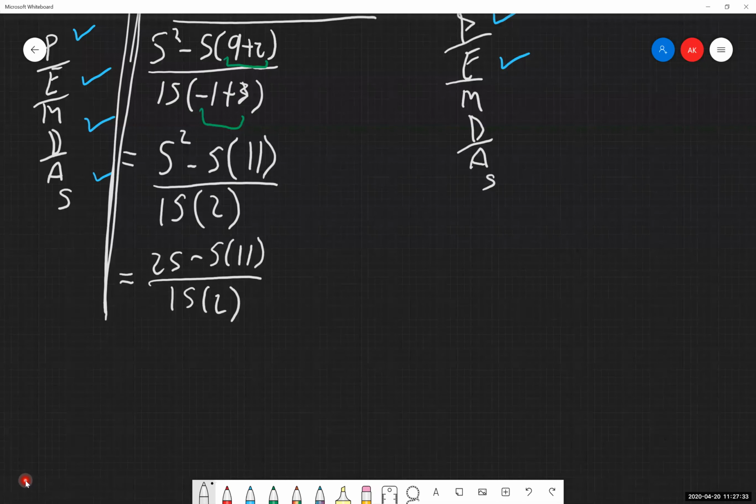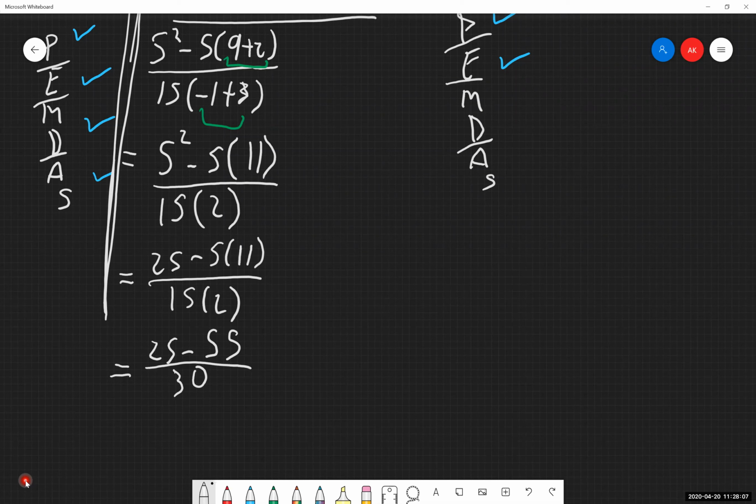Then I'm looking at, do I have any multiplication or division going on? I have things that are multiplying together, so I'm going to work with those first. So multiplication or division, we just did 5 times 11, then 15 times 2.